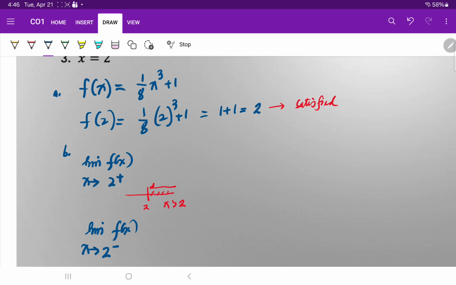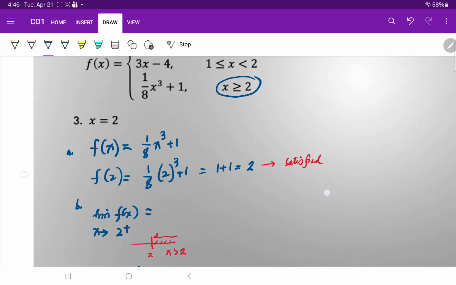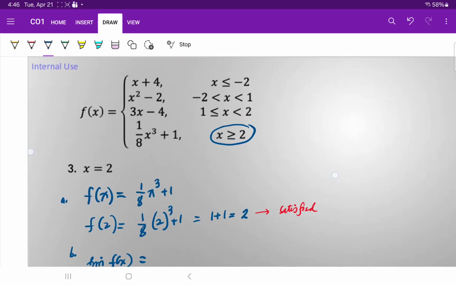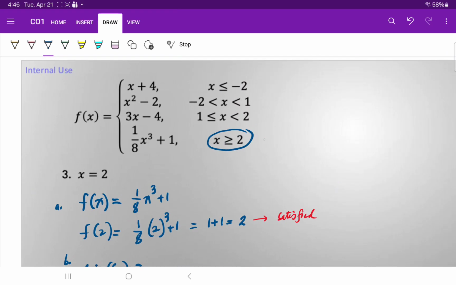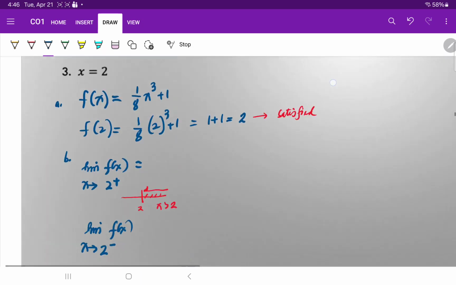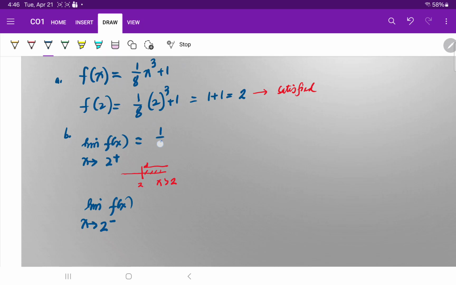So which rule of association will you use? X is greater than 2 when you have 1 over 8 x cubed plus 1.